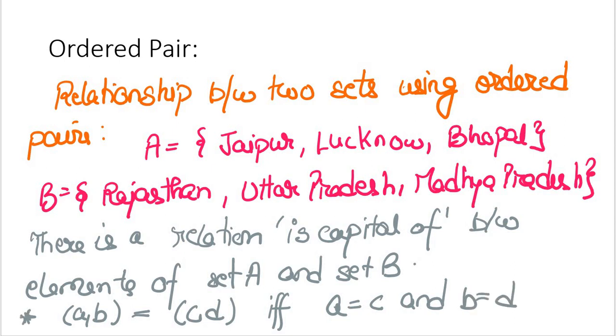So if I have this kind of ordered pair where I identify that (a, b) is equal to (c, d), in that case, this is only possible when a is equal to c and b is equal to d. Now this was about ordered pairs.